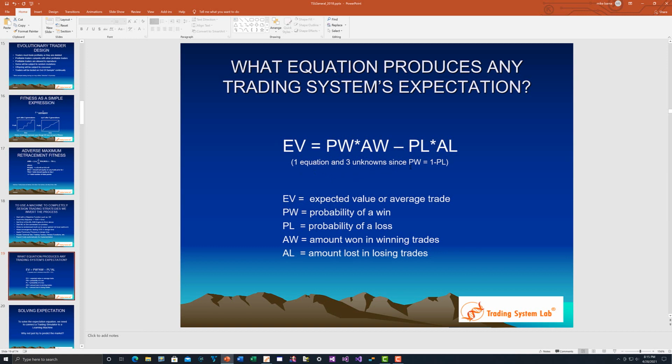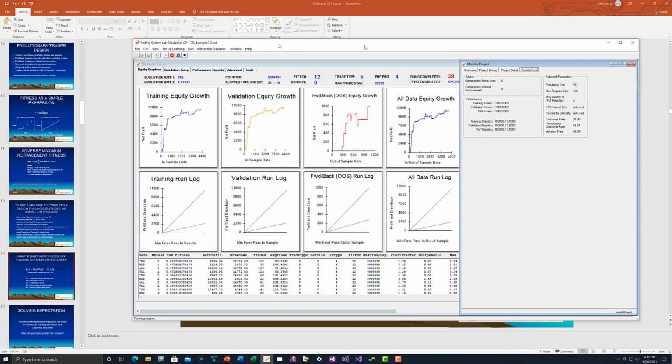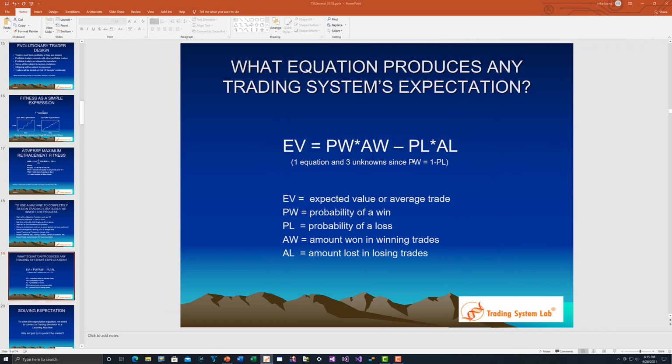It's really one equation and three unknowns, since the probability of a win is 1 minus the probability of a loss. This equation is still unsolvable, or it's solvable with an infinite number of solutions, all lying under the theoretically perfect trading system. So if we plot the theoretically perfect trading system, it's lying way up here in the results, and what we're witnessing are equity curves that lie under that theoretically perfect trading system. It's all because of the unsolvability of the expectation equation.